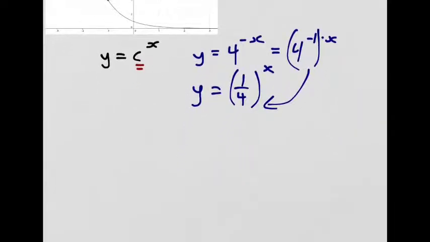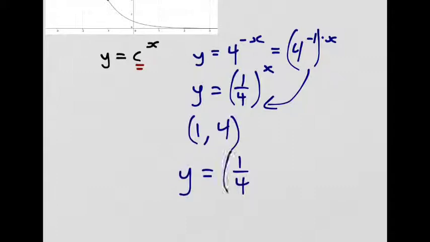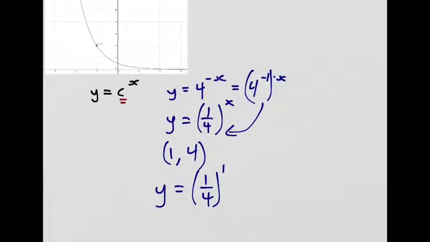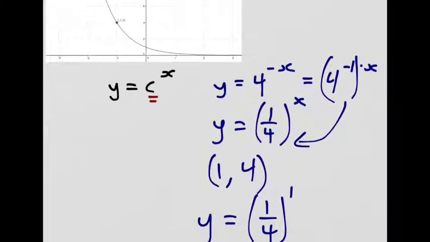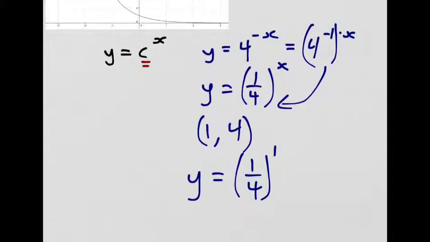Okay, so we're going to test the point (1, 4) again. See if that works. So y equals 1 over 4 to the power of 1. Does that come out as, uh-oh, what happened here? It doesn't come out.